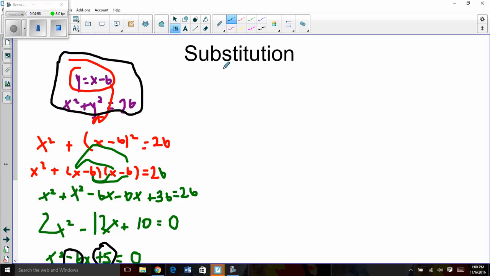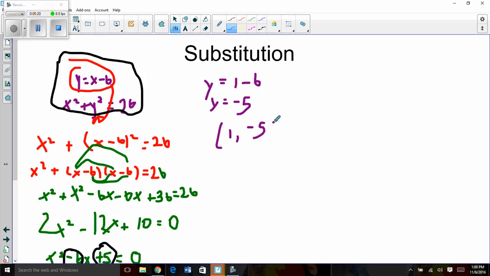So if I plug in, let's do 1 first. y equals 1, because we found x is 1, minus 6. So y equals negative 5 when x equals that 1. So our one solution is 1, negative 5.